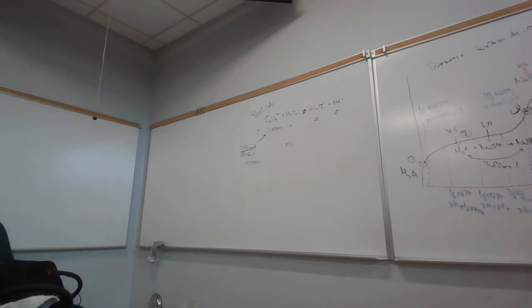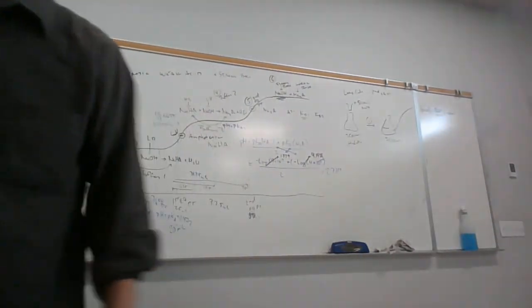We need to calculate the new sodium hydroxide concentration, which will be a 50 to 75 dilution of 0.100 molar, our original.